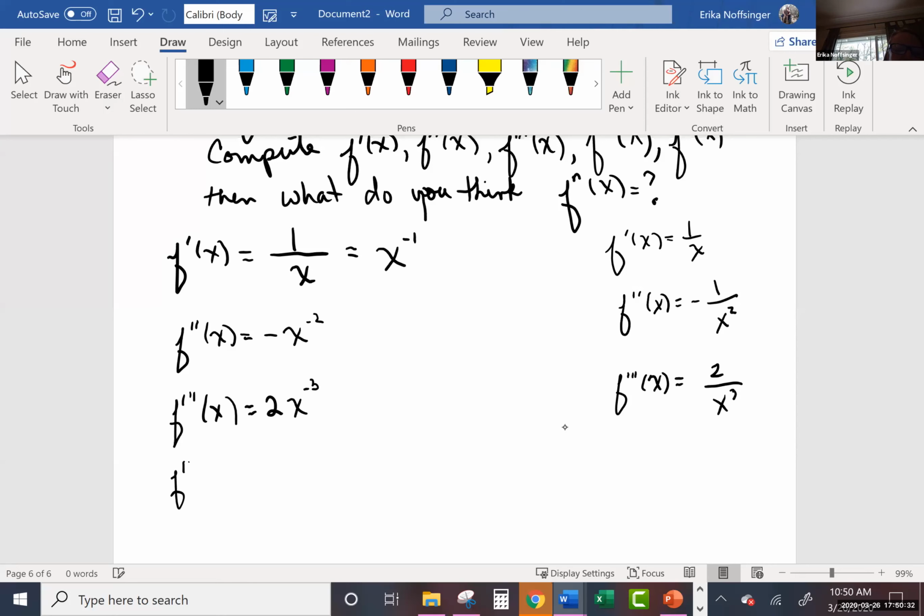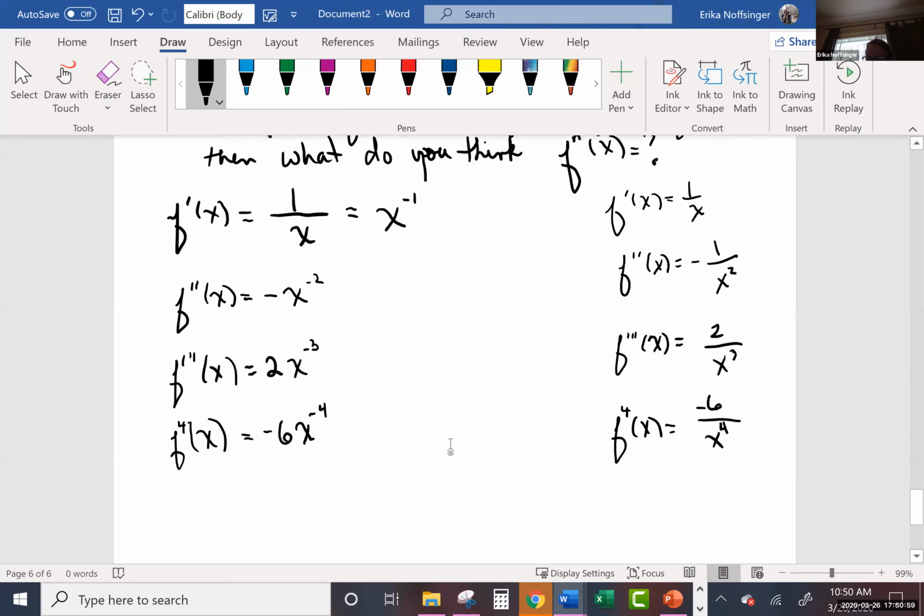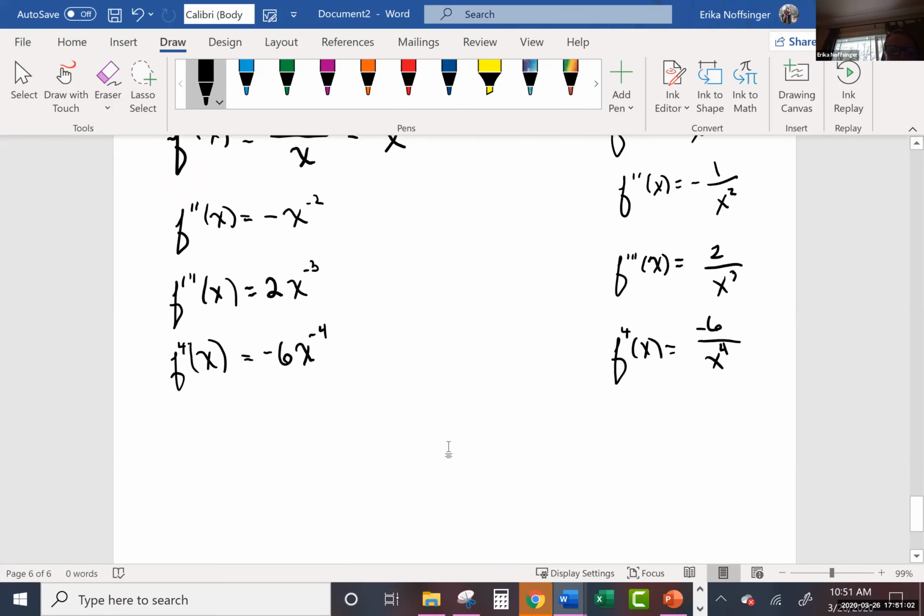So the fourth derivative: bring our power down front, we have negative 6, x to the negative 4th. Same thing as negative 6 over x to the 4th. So the fifth derivative: negative 6 times negative 4, so that's 24, x to now the negative 5th.